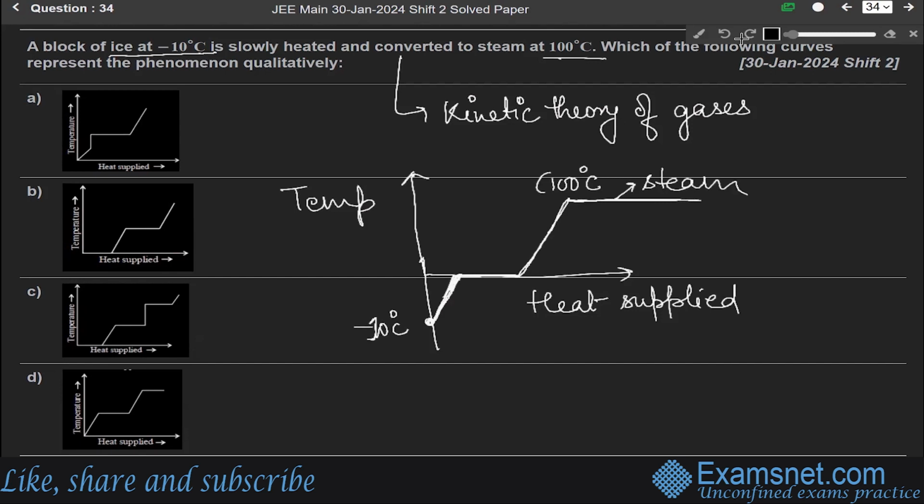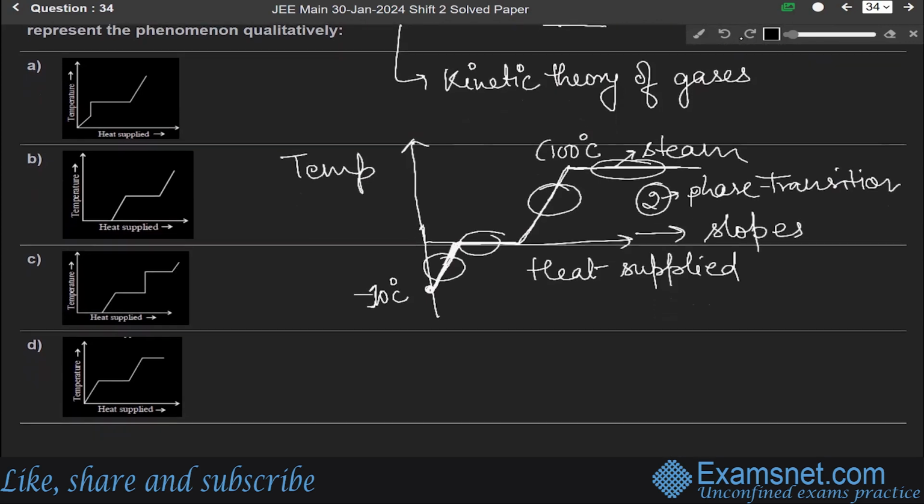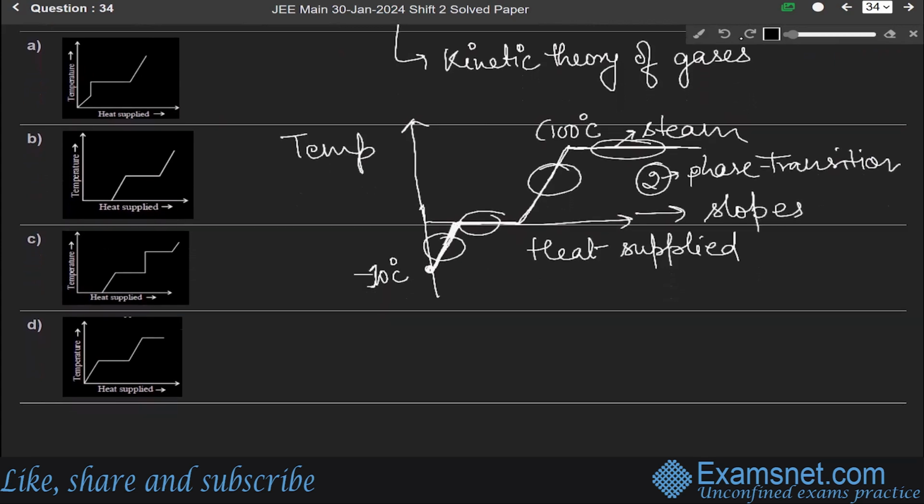So at these 2 points there will be a phase transition, and in between these points there will be slopes. Now, comparing these graphs with the given graphs, we see that option D is the correct answer.